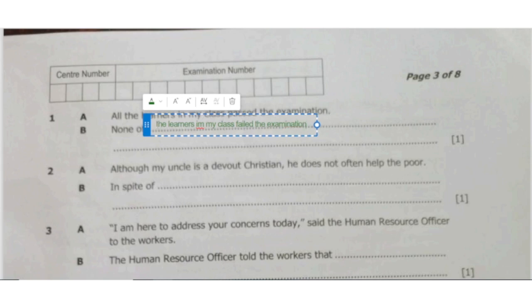Okay, I've also noted that here I have not written properly, so it should be in my class. Okay, so this sentence has the same meaning. None of the learners in my class failed the examination. So this is the correct sentence. So we should even put the full stop there. Okay, so that's the answer.